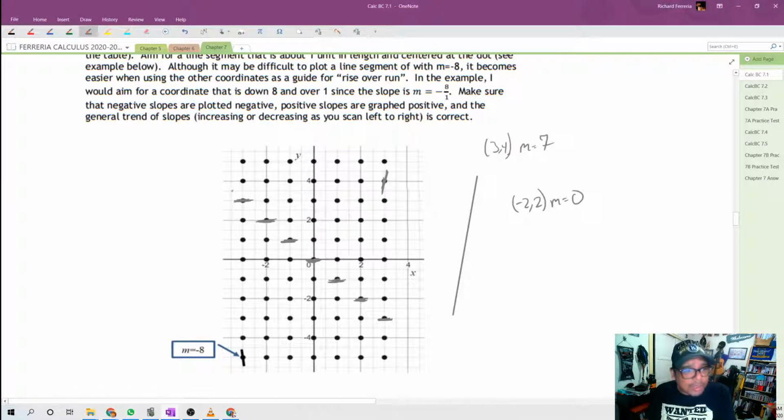Let's do another couple of points. Let's figure out, for example, -3 and 4. -3, 4, we have the slope equal to, well, what is that? -3 plus 4, that's 1. Okay, so at -3 and 4 up, we've got a slope of 1.